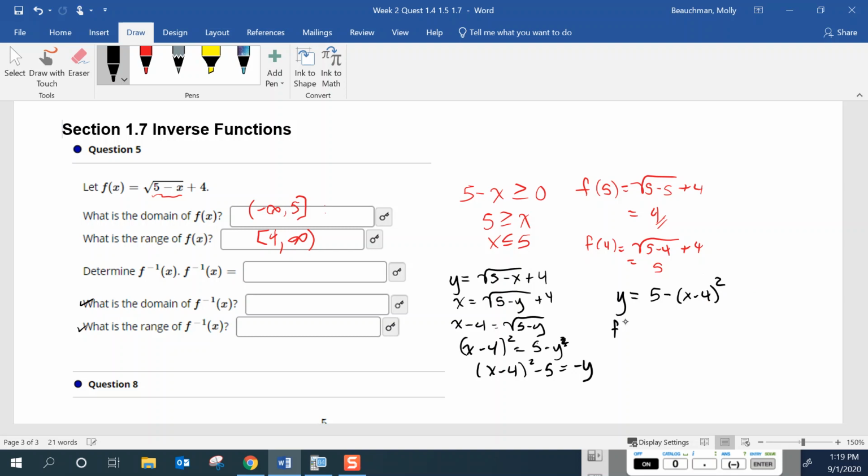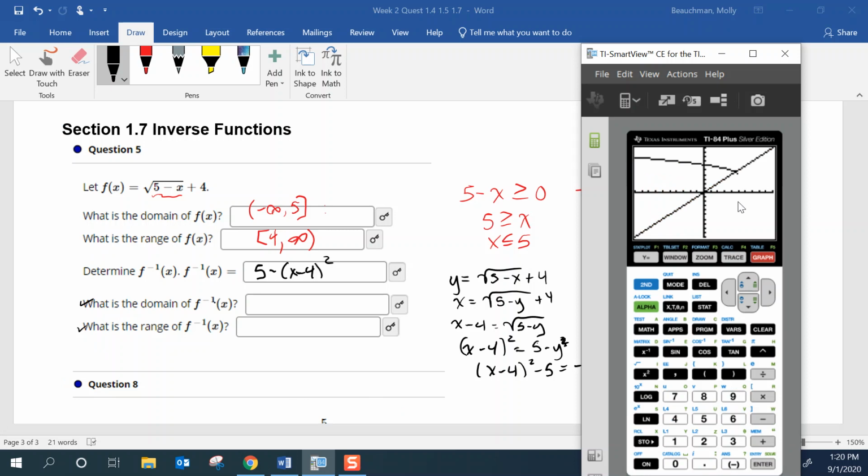Now I can replace that notation now that I have the inverse: 5 minus (x minus 4) squared. So that's my inverse. Now notice the graph of that would be a parabola, but when we look at the domain and range of the inverse, we can't use the entire parabola because we're only looking at a portion of it. So let me get back to the graph.